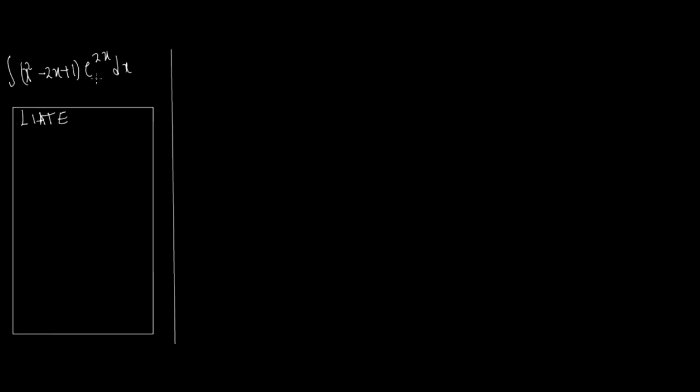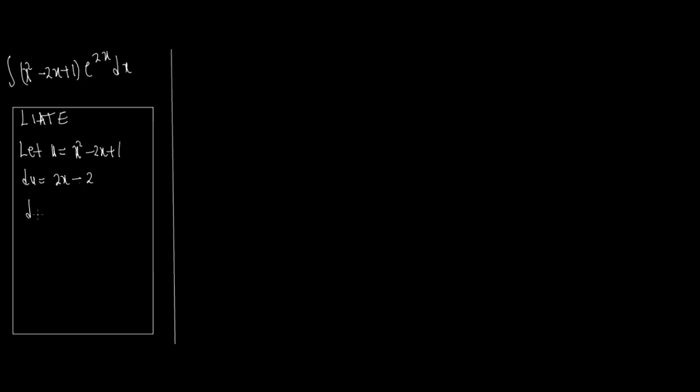We have an exponent and we have the algebra here. So we see that the algebra is the one that should come first. So we're going to say that let u equal x squared minus 2x plus 1. And du will be equal to 2x minus 2.